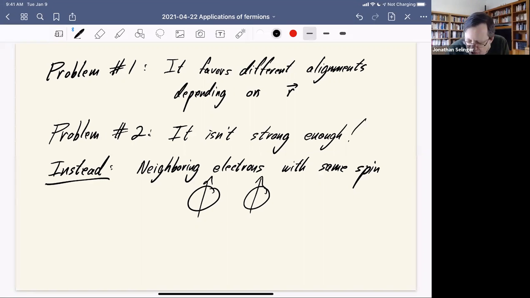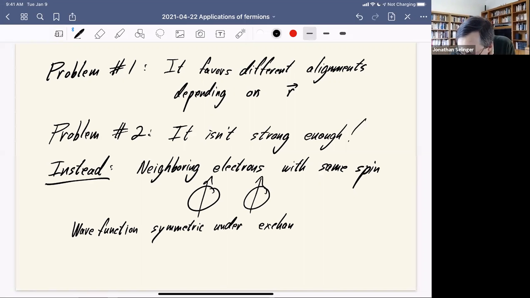Let's think about the symmetry of the wave function for the two electrons. Okay. If it's the same spin between them, then the wave function has to be symmetric under exchange of spins. But certainly if you exchange those two spins, it's the same state.